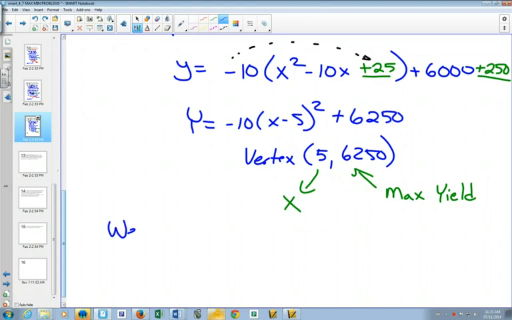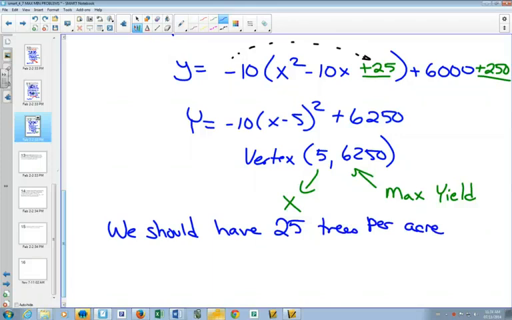So we should have 25 trees per acre. Yeah, get an idea for it. Now we've done 4 of these max min ones that are profit-like.